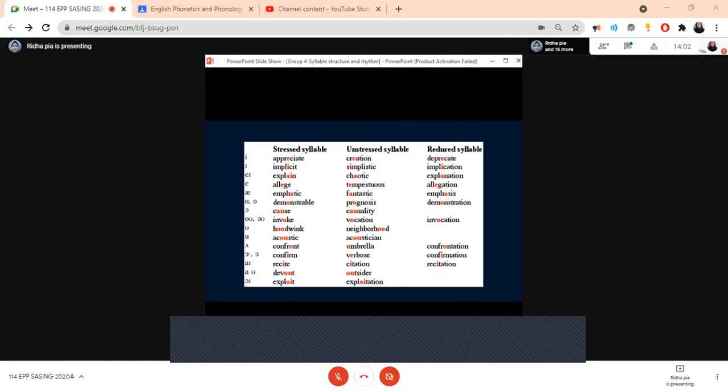And for reduced syllables, deprecate, implication, explanation, indication, emphasis, demonstration. If you still don't understand the reduced syllable, in the word demonstration, sometimes the sounds are not said clearly. So like demonstrations, the ma and na sounds, and we left out the vowels. Okay, can you understand what I explained?